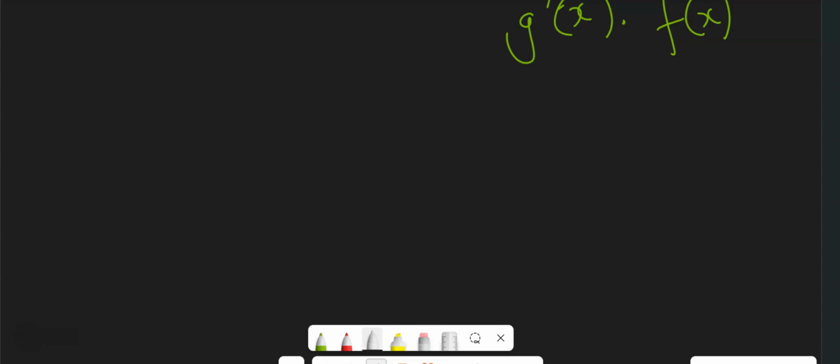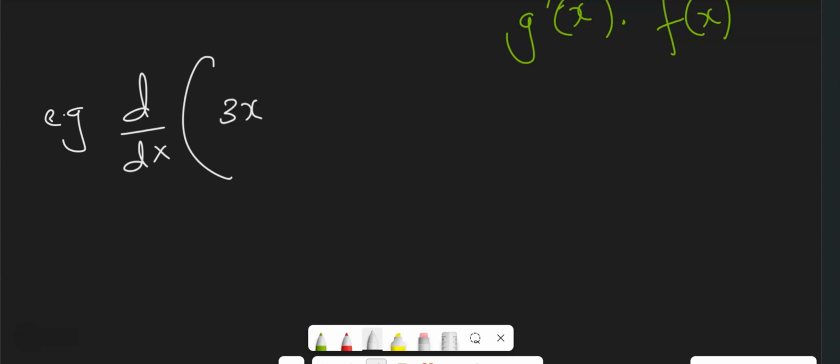So let's give an example. For example, you're given d/dx of 3x squared multiplied by 2x. So what is the answer to this? It is simple.